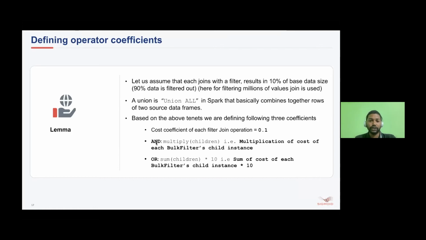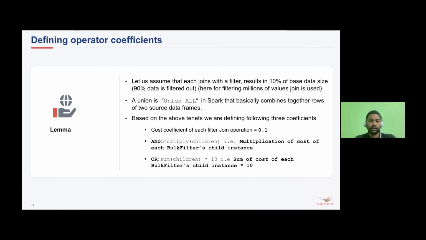Whenever there is AND between the nodes, we can multiply the cost of each child and assign the product of each bulk filter child instance as the cost for that node.